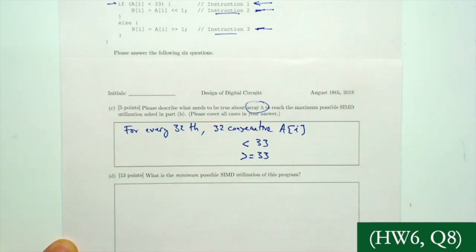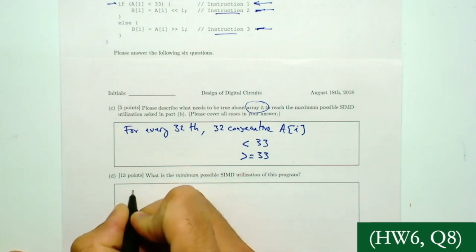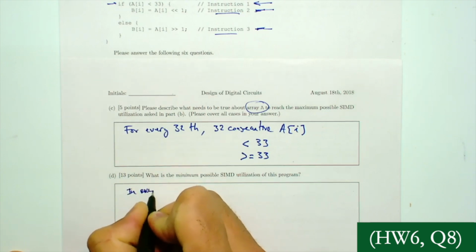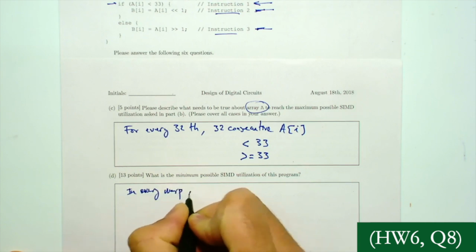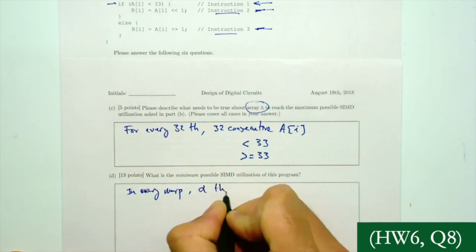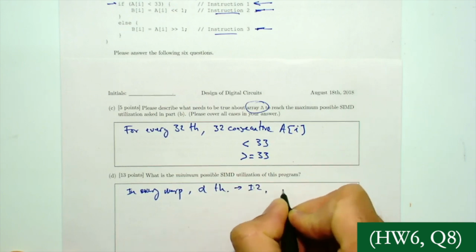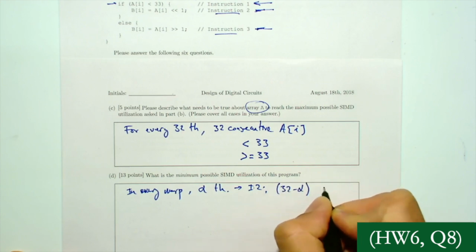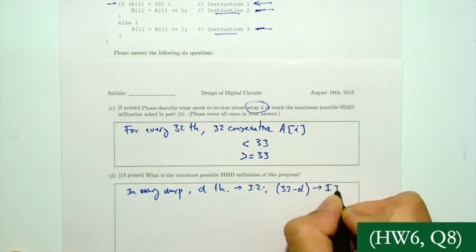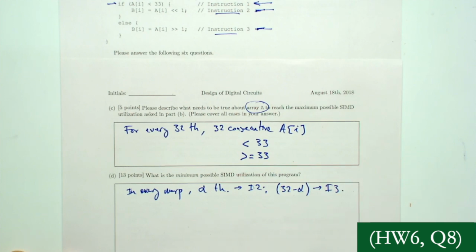And let's say, the number actually might change from warp to warp, but let's assume, because this doesn't affect the answer, that in every warp, alpha threads execute instruction 2, and the rest, 32 minus alpha, go and execute instruction 3.